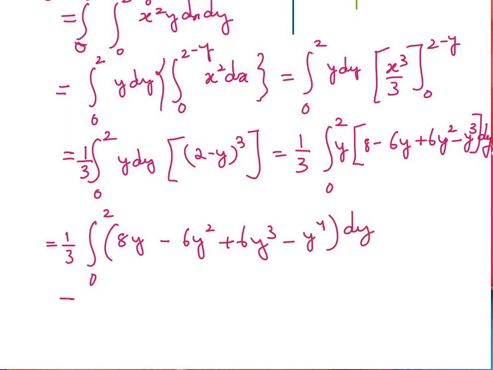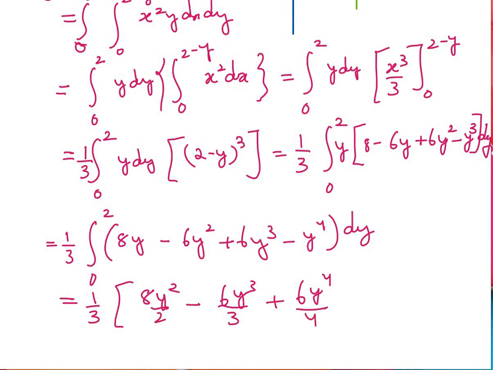So which is a simple integral, it will be 1 by 3, then 8y squared by 2 minus 6y cubed by 3 plus 6y to the power 4 by 4, then minus y to the power 5 by 5 from 0 to 2. So this is equal to 1 by 3.